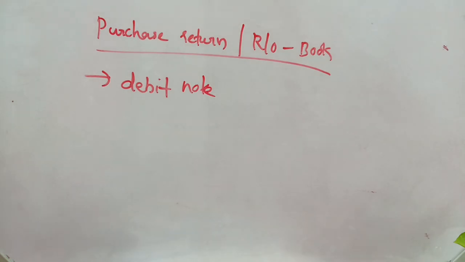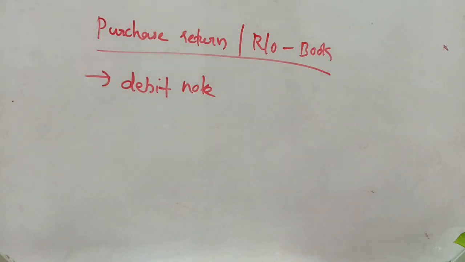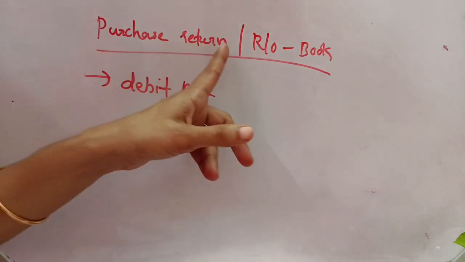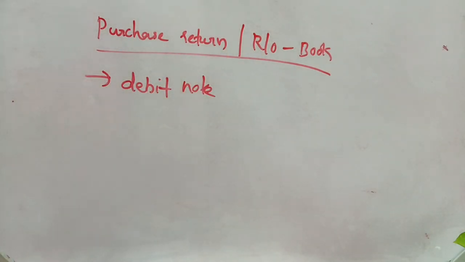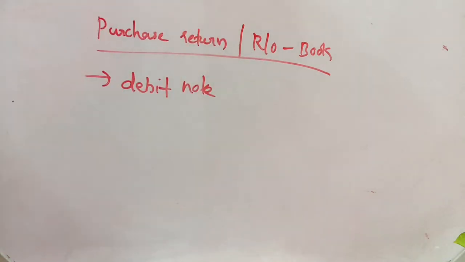The source documents used for recording transactions in the purchase return book are the debit note issued to the suppliers, and credit notes received from the suppliers. So debit note and credit note are used as source documents for recording in the purchase return or return outward book. So what is the purchase return book?